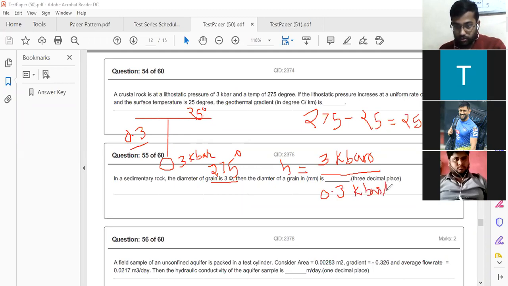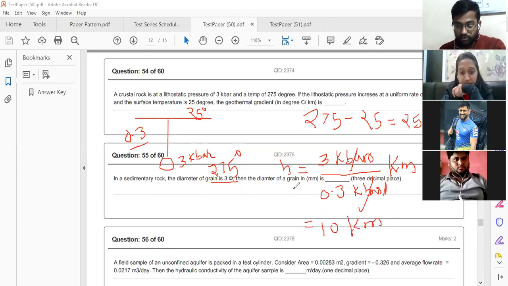Here kilobar gets cancelled. 3 divided by 0.3 means you will get 10 kilometer.